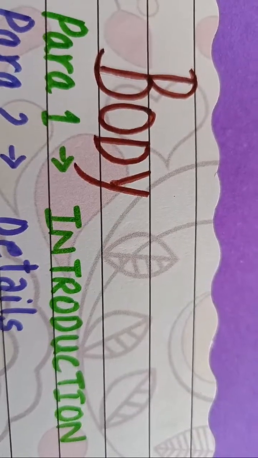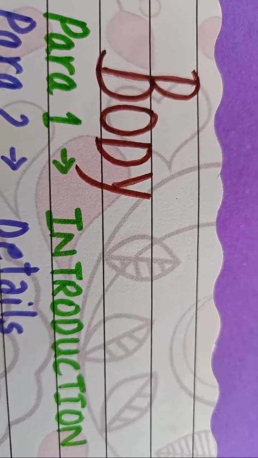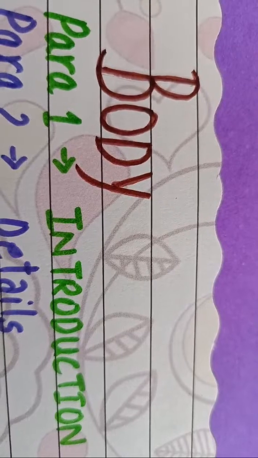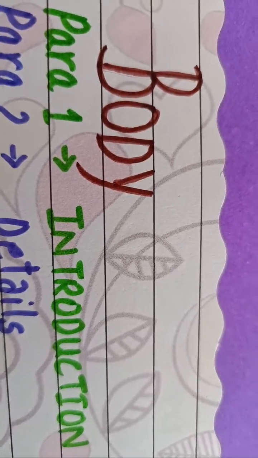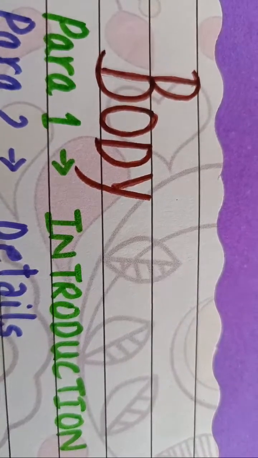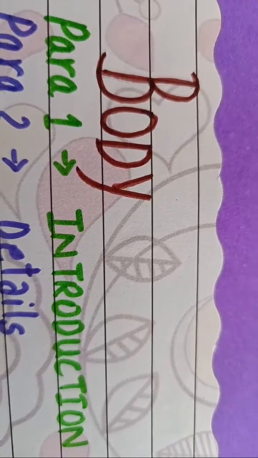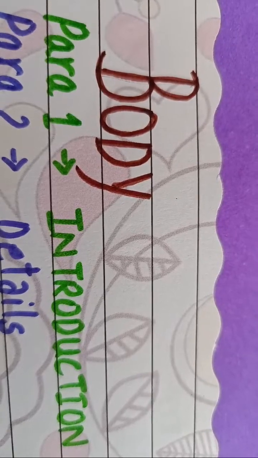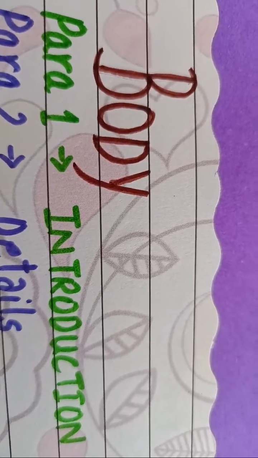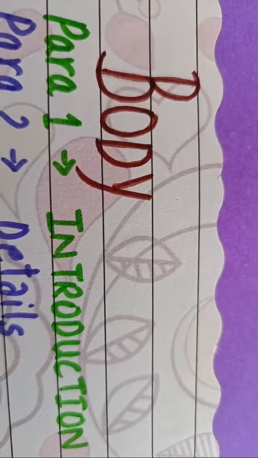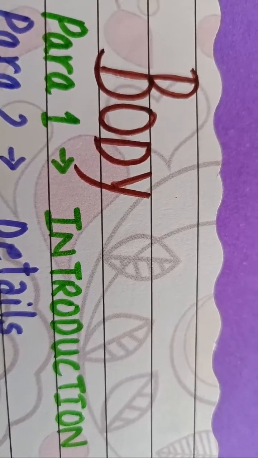You can name the place, and you can also say which issue you want to seek attention toward. Okay, you have to mention in the introduction who you are, where you are from, and what the matter to discuss is. Why are you writing the letter?